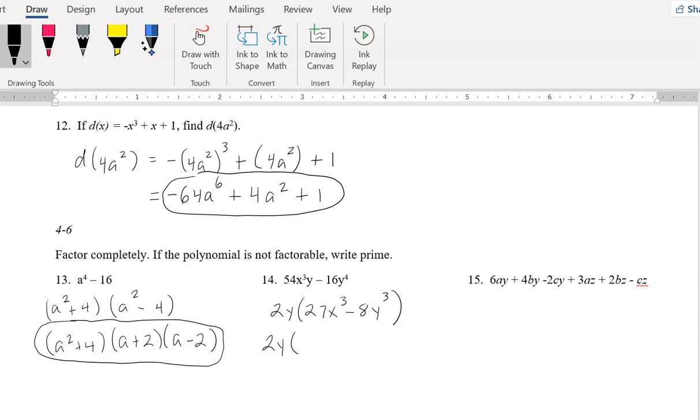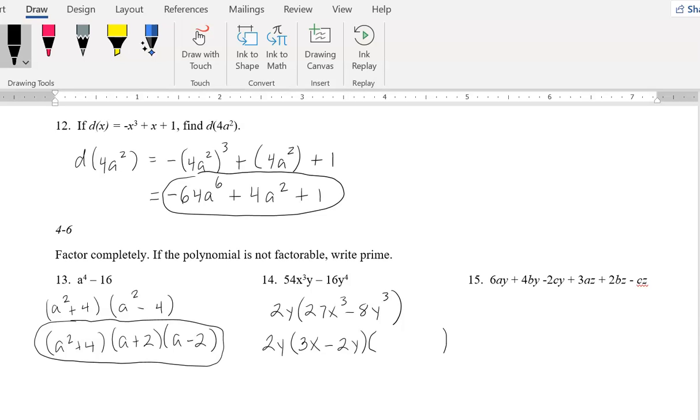Go back and review, if you haven't already, how to factor the sum and the difference, because on the test this might be plus, so make sure you know both. For the difference between two cubes, we find the cube roots. 3x is the cube root of the first term, and 2y is the cube root of the second term. Then we make a trinomial factor using these two cube roots.